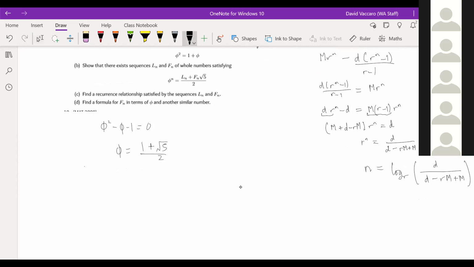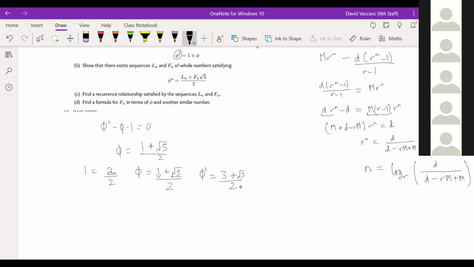We know that 1 can be written as 2 over 2. We know phi can be written as 1 plus root 5 over 2. But we also know that phi squared is these two numbers added together. So phi squared is 2 plus 1, which is 3, plus root 5 over 2.